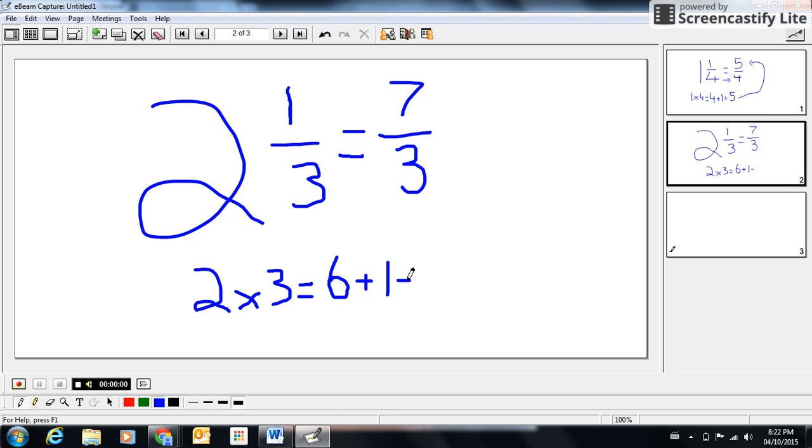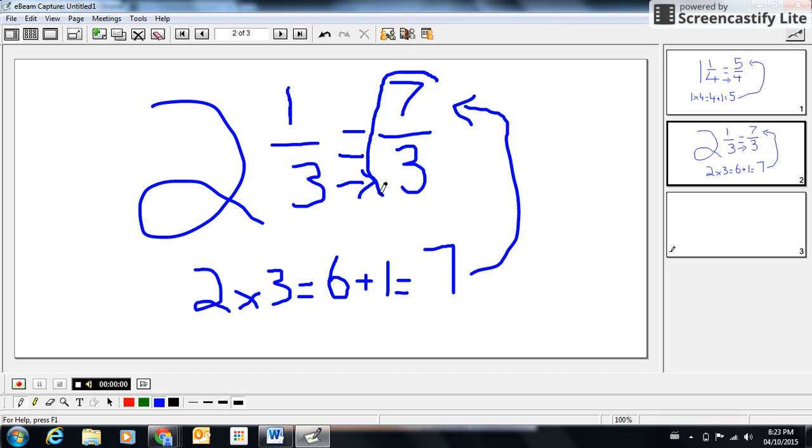And that is equal to 7. We take that new number, we put it on top of our fraction, and the denominator was 3, and all we do is we slide that over there, and our new answer becomes 7/3.